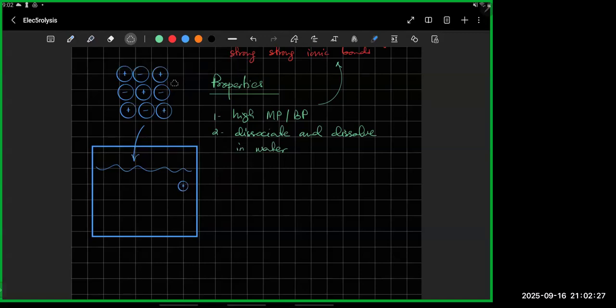the ions will get separated. This is what happens when you dissolve your table salt in water. Where does it disappear? All the ions completely scatter and mix in water, and water is going to keep them separate.